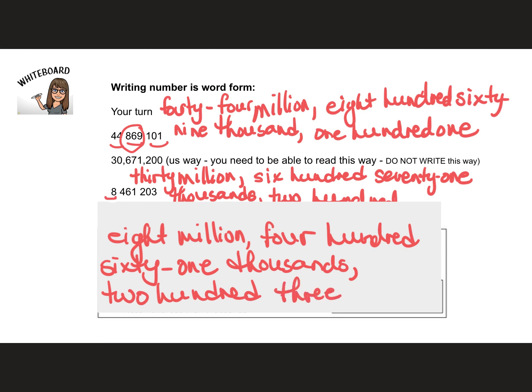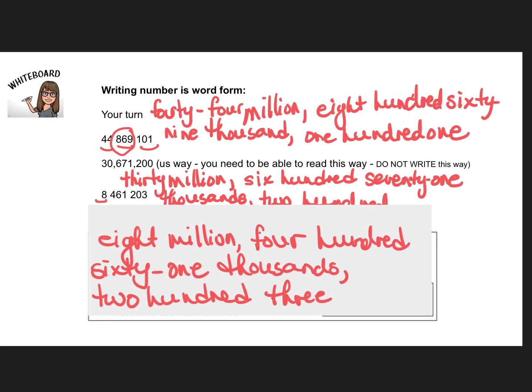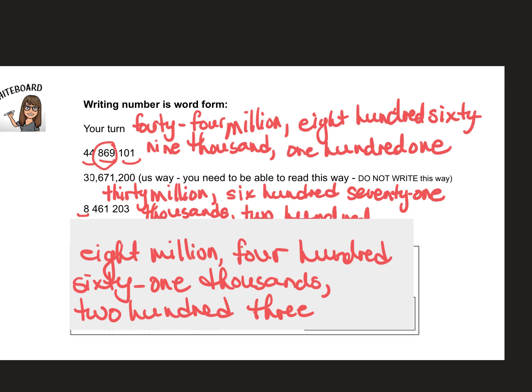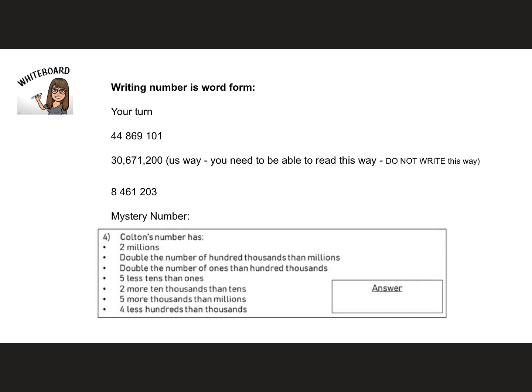All right, now let's see if I can just move that square, that shape out of the way. Oh, I'm going to pause for a second and figure this out. All right, so I had to fix that a little bit. We're looking at our mystery number now. So we need to use these clues to figure out what our numbers can be.